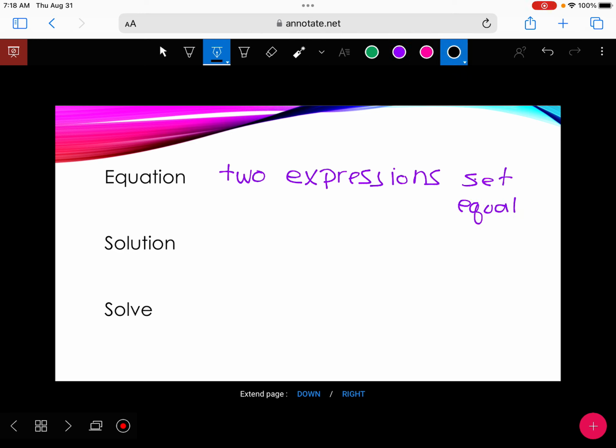So expressions are something like 2x plus 3, or 7y minus 4, or 3, or 2, or 0. Those are all expressions. So if I put an equal sign in between two of them, I've magically made an equation.